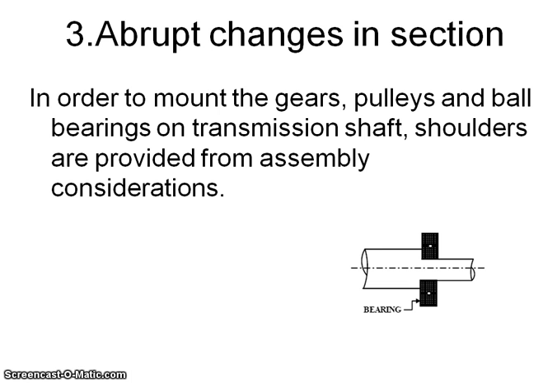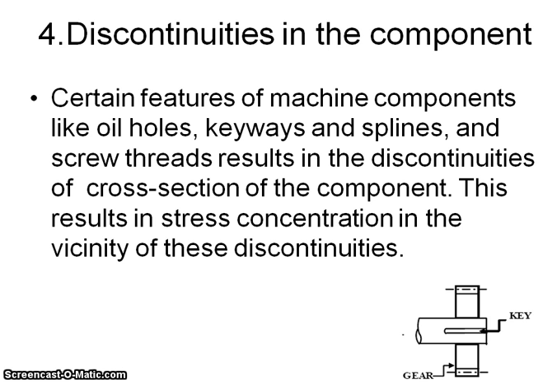The second one is the abrupt changes in the section. Now in order to mount the gears, the pulleys and the ball bearings on a transmission shaft, shoulders are always necessary. All these things are necessary for our mechanical system, but these changes will act as a discontinuity and there will be stress concentration.